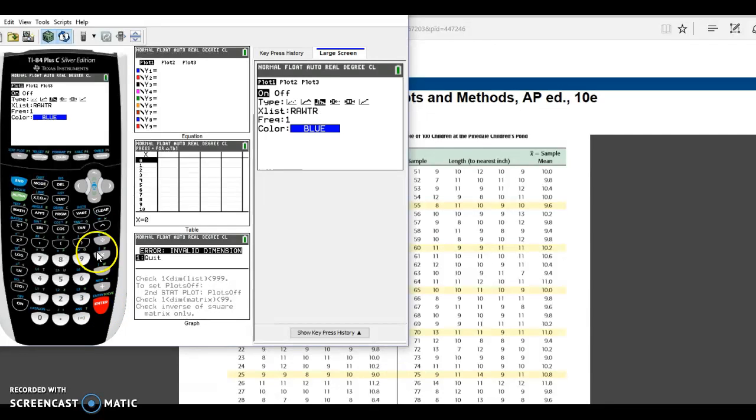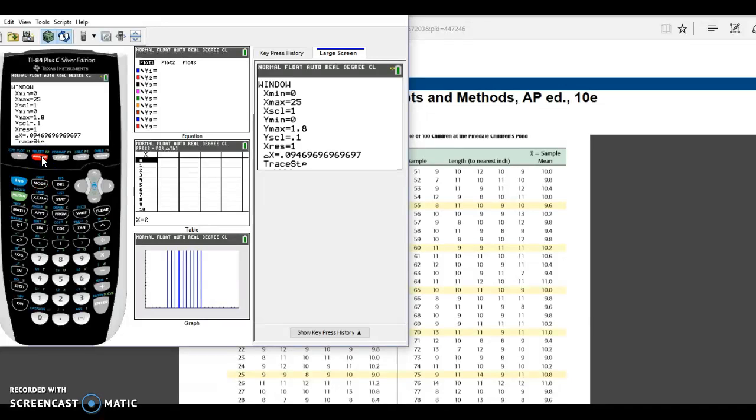Okay, so that's that. And then the other thing I want to do is set the window. I'm going to say that the window is from, I'd say, 5 to 15. I don't think there's anything longer than 15 inches or shorter than that.